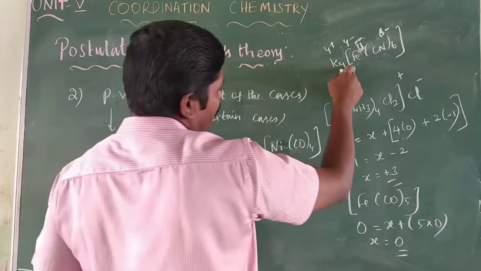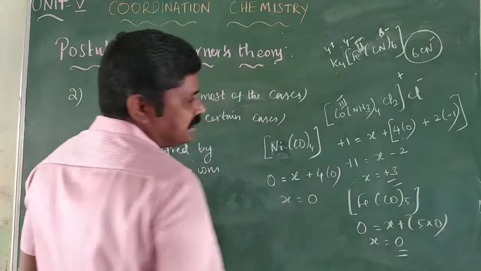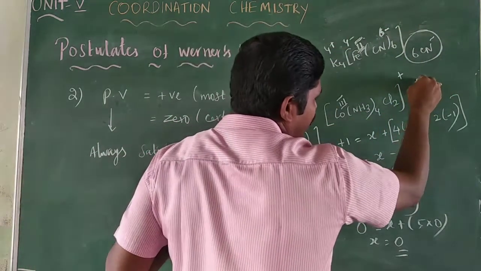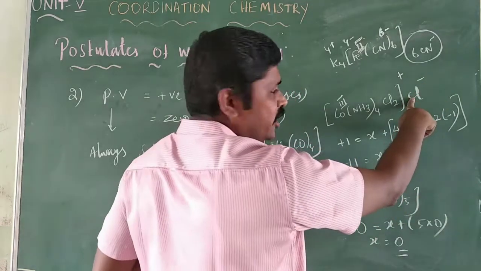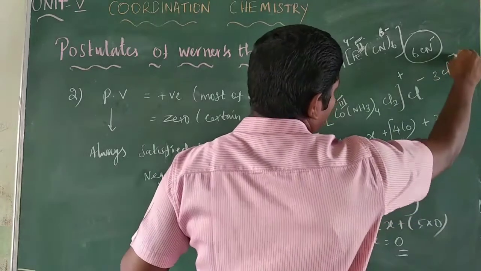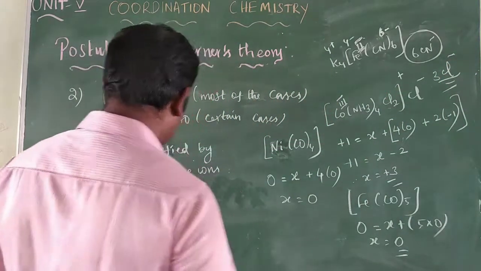In this complex, the counter ion has 1 negative charge and the complex ion has 2 negative charges, so it is satisfied by 3 Cl minus ions.